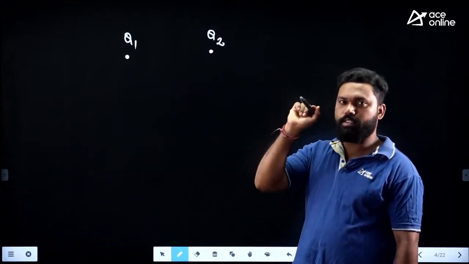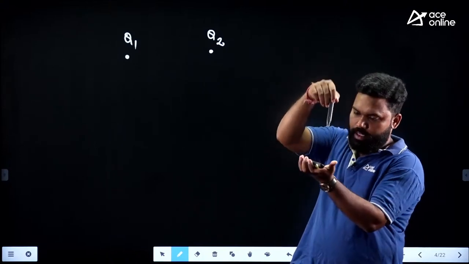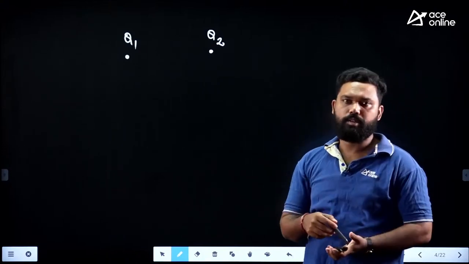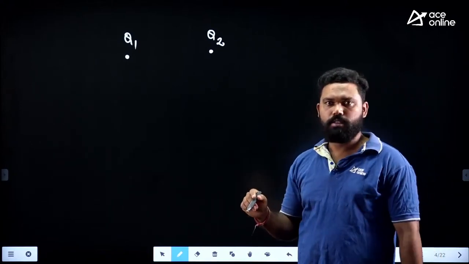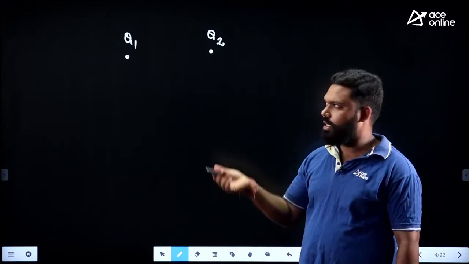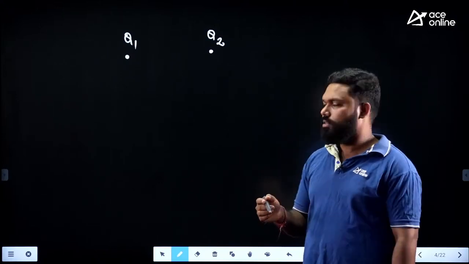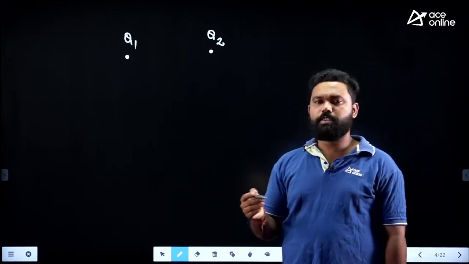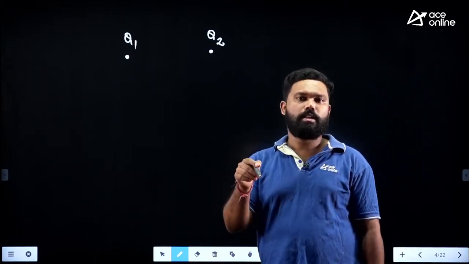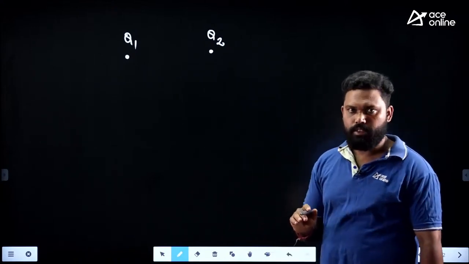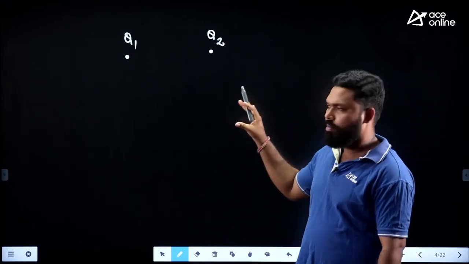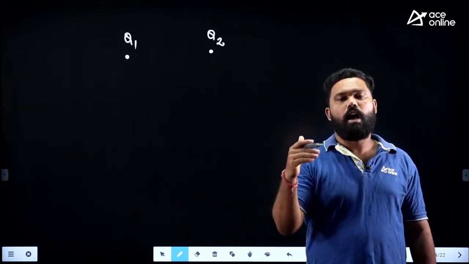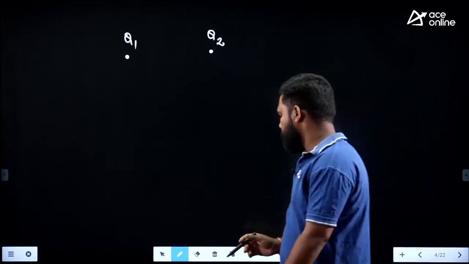A vector has a direction, isn't it? Force will be acting in a certain direction with a certain magnitude. Here, the force between two charges is also a vector, obviously. It is the electric force. But in most of your previous papers, the questions were related only to the scalar value. I'll write the vector form, but I'll ask you to remember only the scalar form.